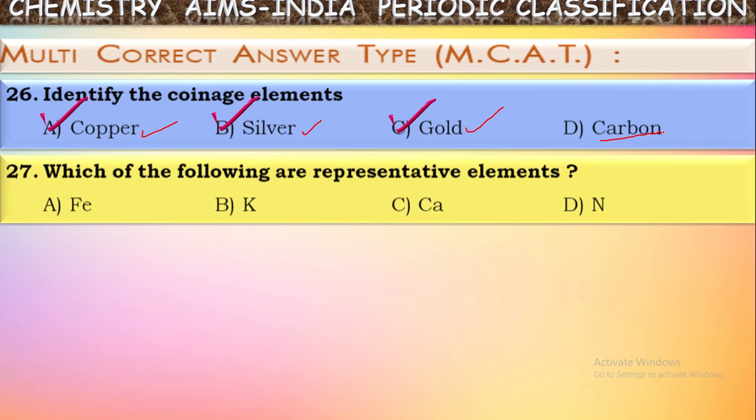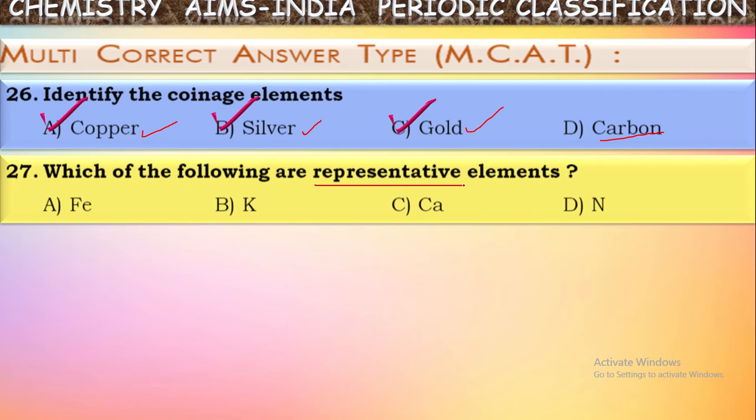See the next one. Which of the following are representative elements? What are representative elements? The elements which are responsible for most of the chemical reactions are generally called representative elements. Mostly S block and P block elements are more reactive, so they are called representative elements.